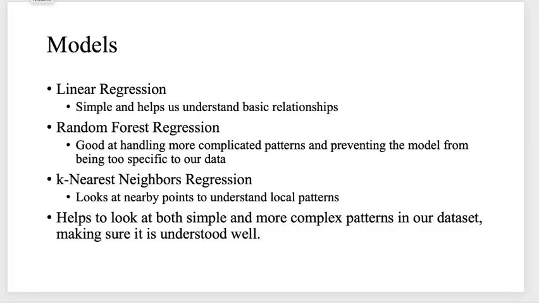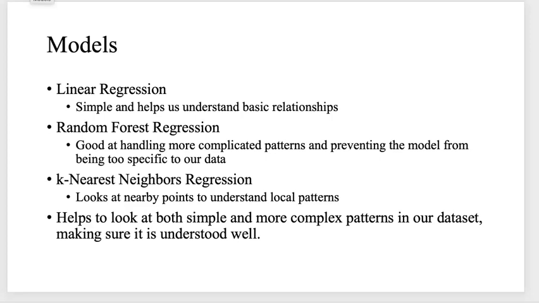The target variable is a continuous variable, so I went with regression, and the three models that I chose to use were linear regression, random forest regression, and k-nearest neighbors regression. Linear regression because it's simple and it helps us to understand basic relationships. Random forest regression because it's good at handling more complicated patterns and preventing the model from being too specific to our data.